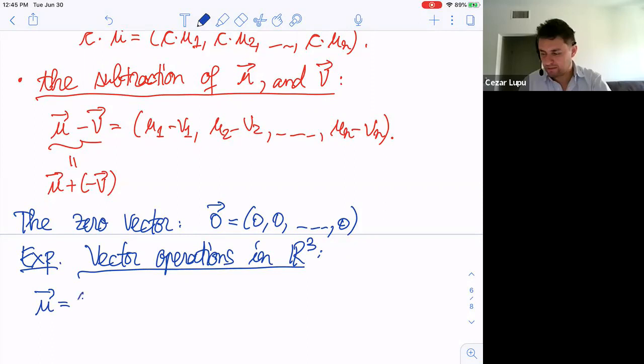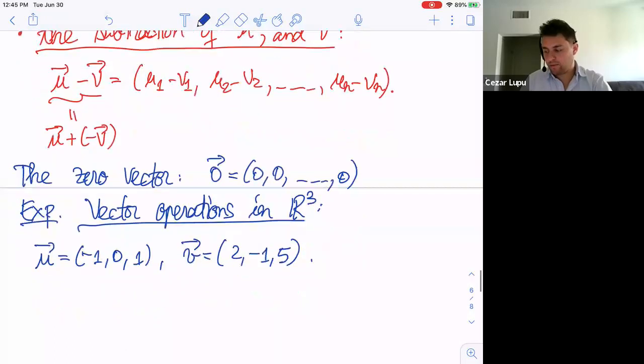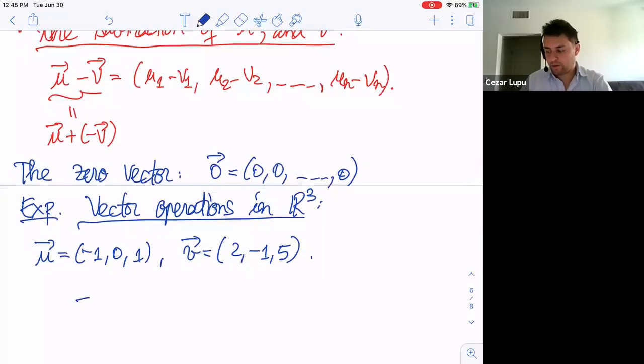So let's take these vectors: U with components -1, 0, 1, and V with components 2, -1, 5 in R3, right? So we want to compute the following: -2 times U vector plus V vector.